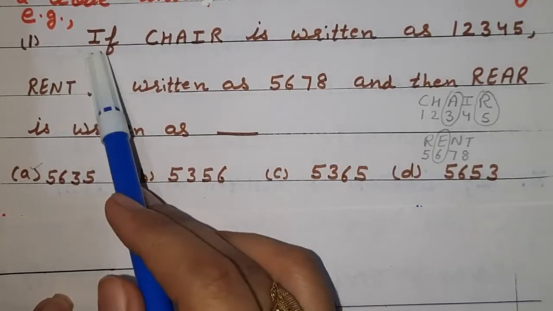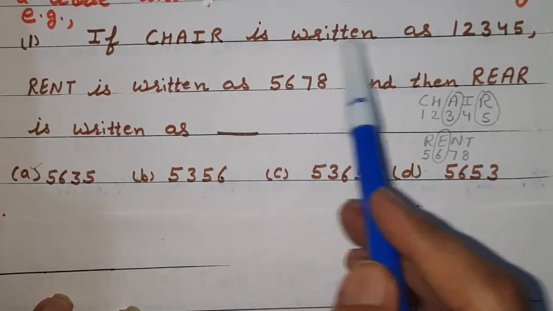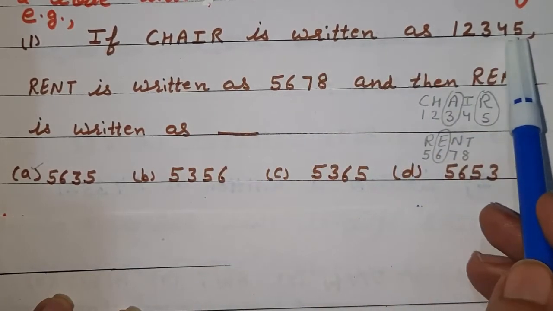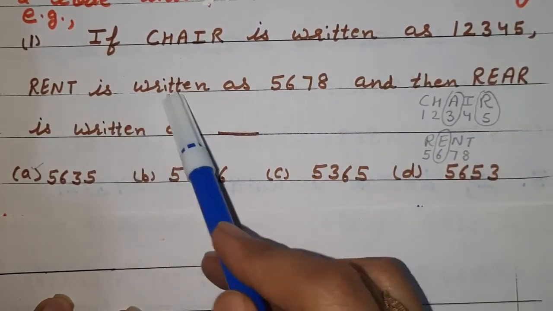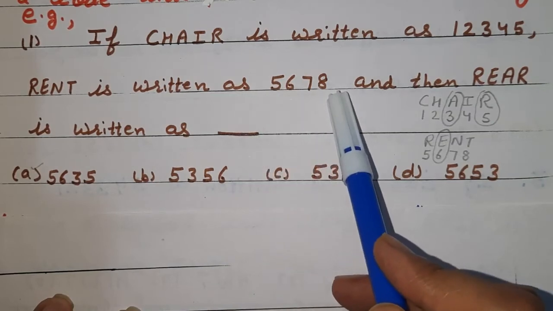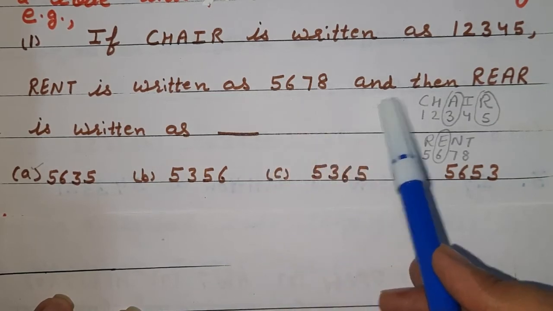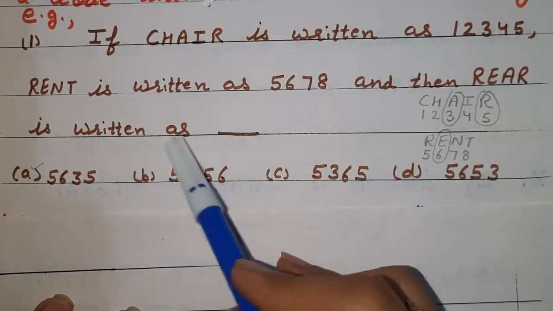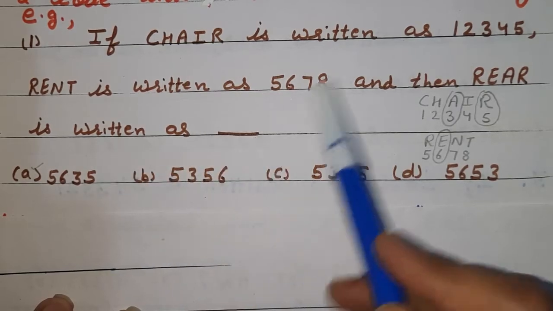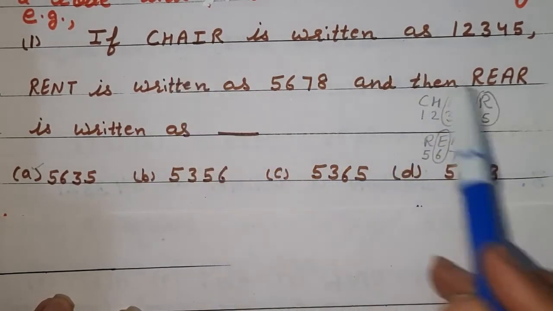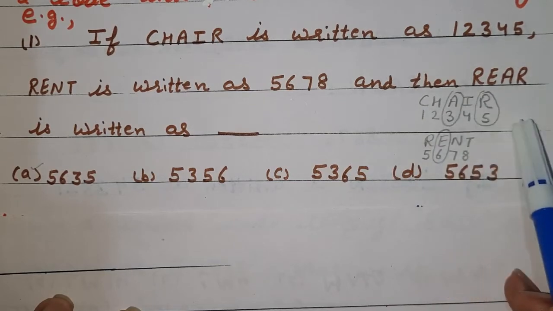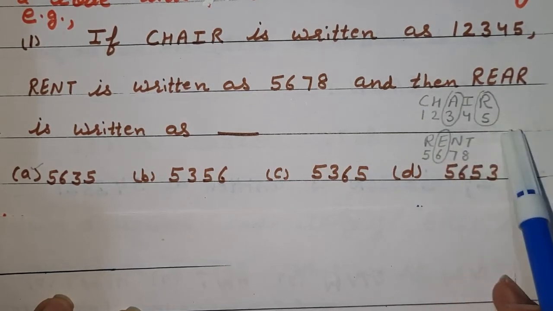First example, if chair is written as 1, 2, 3, 4, 5, rent is written as 5, 6, 7, 8, and then rear is written as dash. Now look here. Chair, CHAIR, 1, 2, 3, 4, 5.